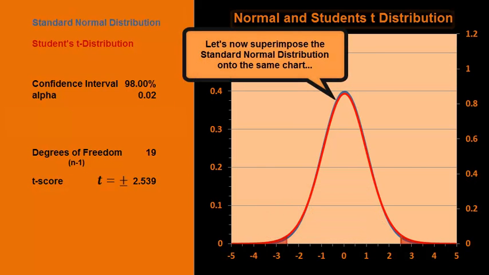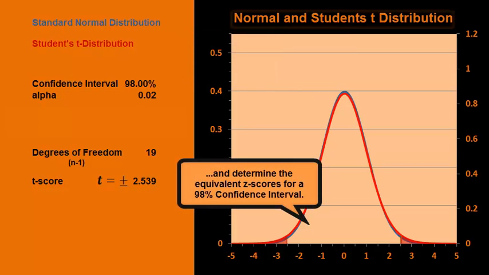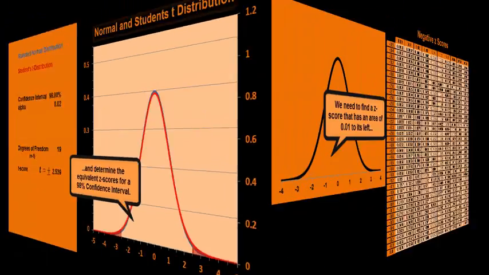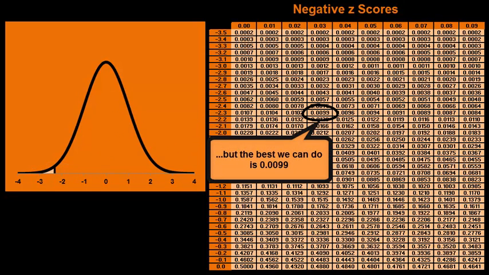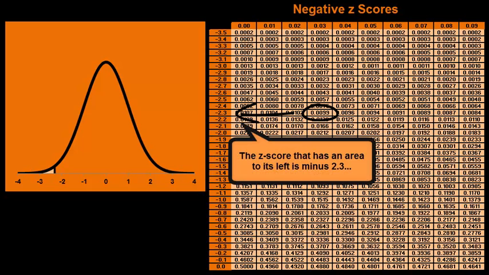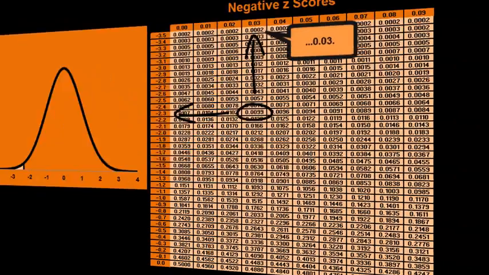Let's now superimpose the standard normal distribution onto the same chart and determine the equivalent z-scores for a 98% confidence interval. We need to find a z-score that has an area of 0.01 to its left, but the best we can do is 0.0099. The z-score that has this area to its left is minus 2.33.